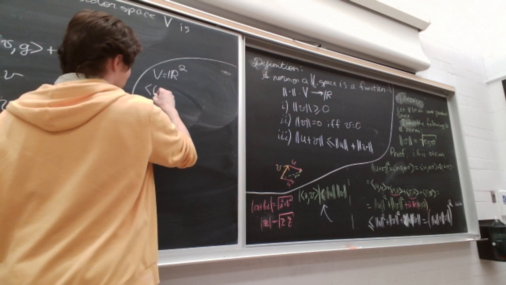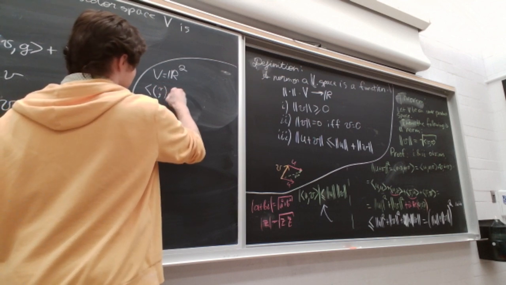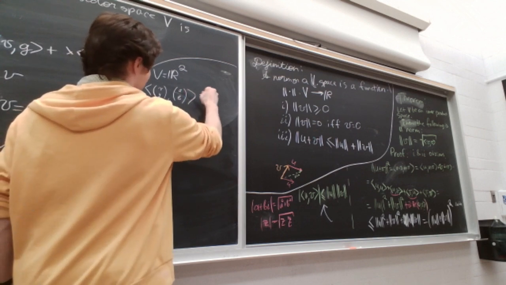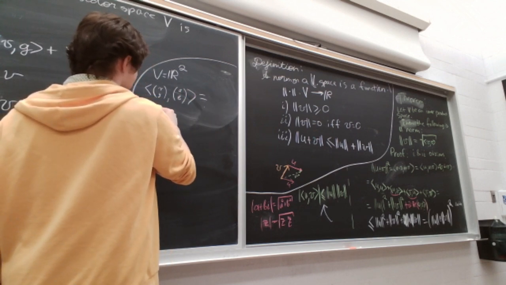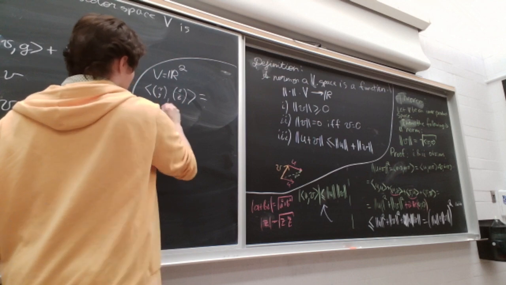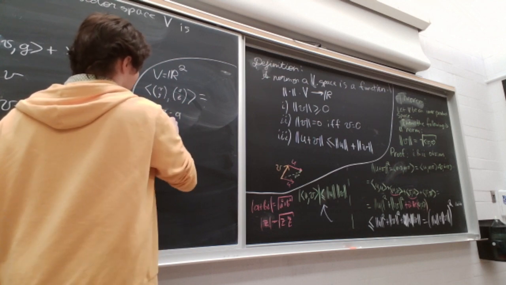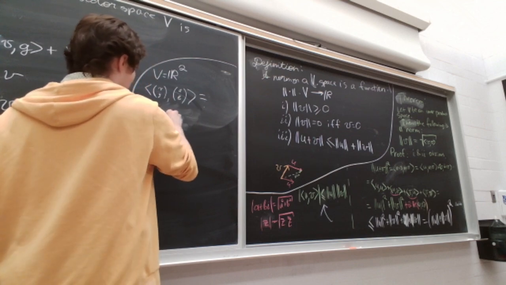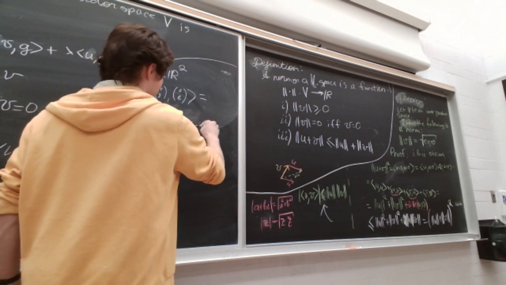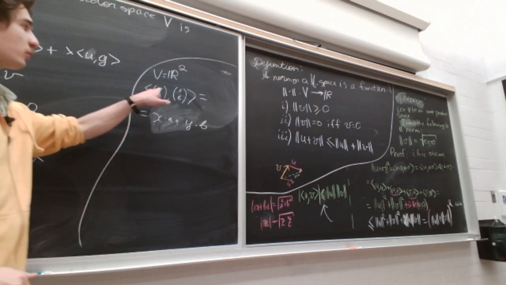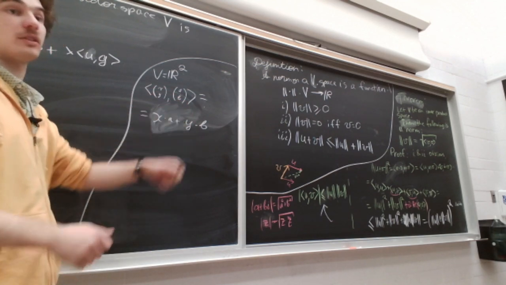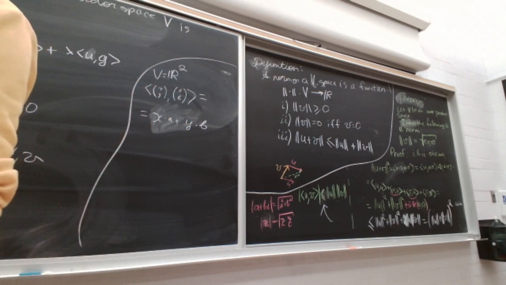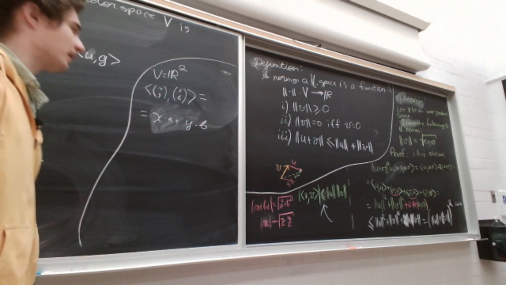So the inner product between (x, y) and (A, B), I will define this to be x times A plus y times B. So I multiply the x coordinates together, I multiply the y coordinates together, add it. Okay, you can check that this indeed satisfies all of these axioms of being an inner product.